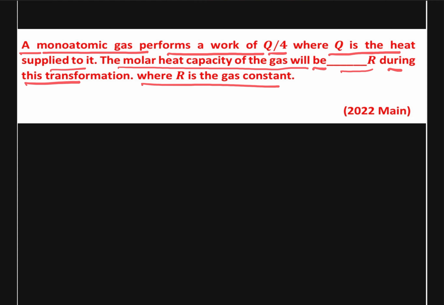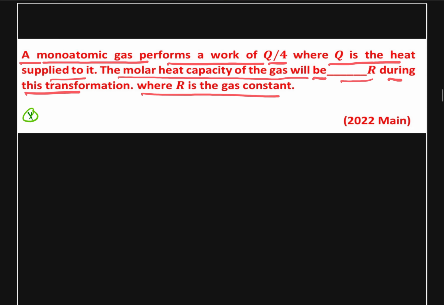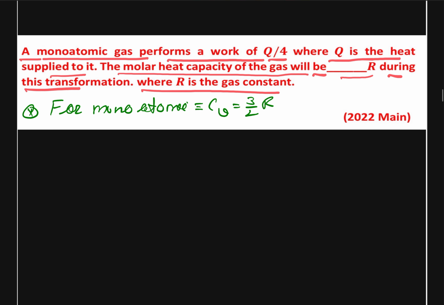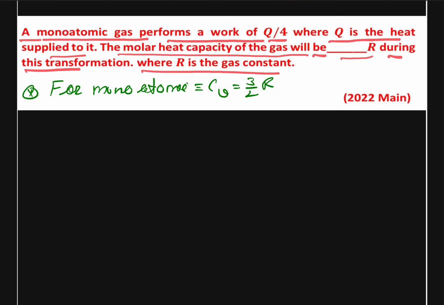and the gas is monatomic, so we can say that for monatomic, we know that our C of V is equal to 3 by 2 times R, and we can use our first law, which gives us that the heat is equal to change in internal energy plus work done.